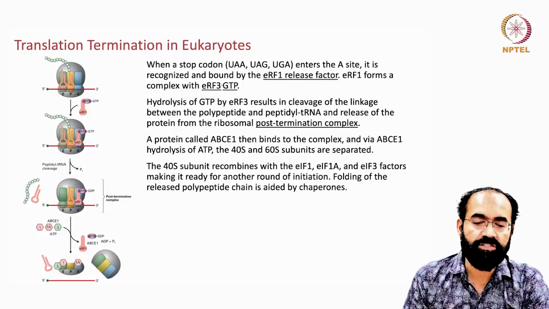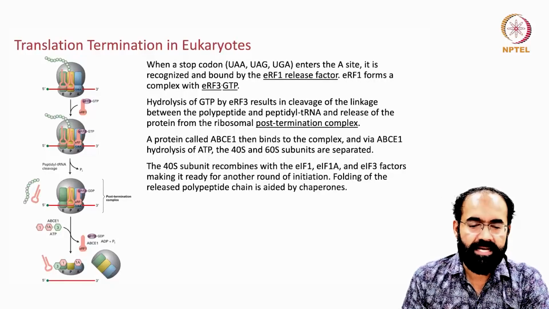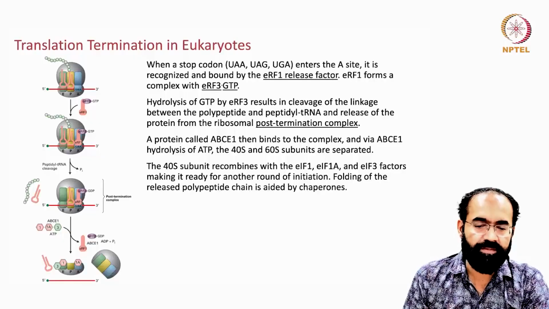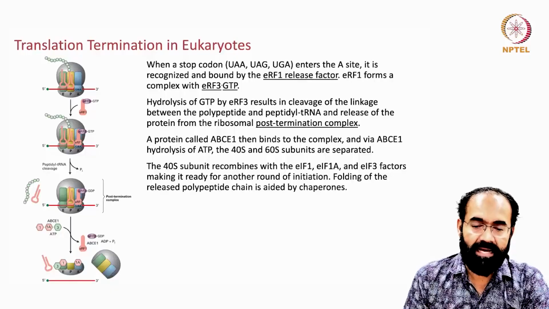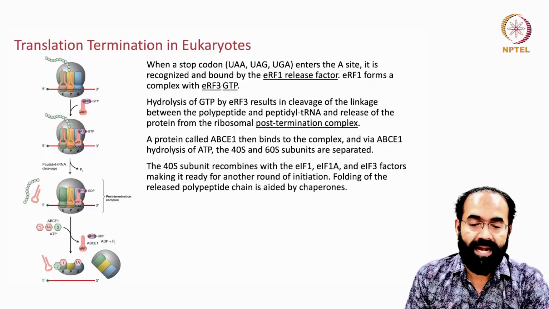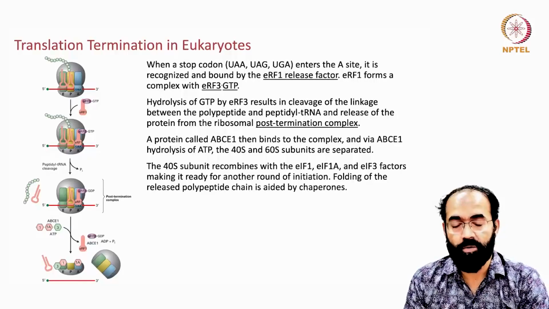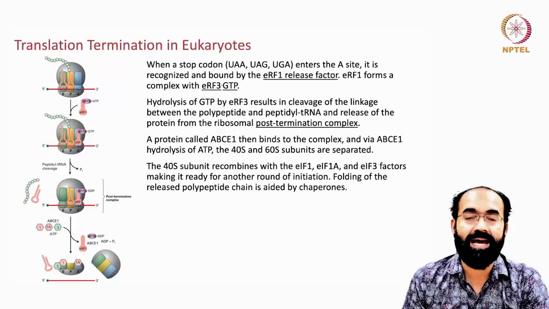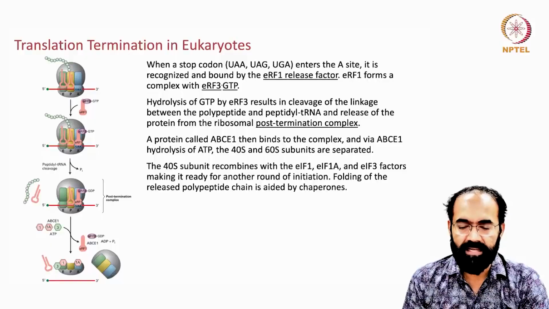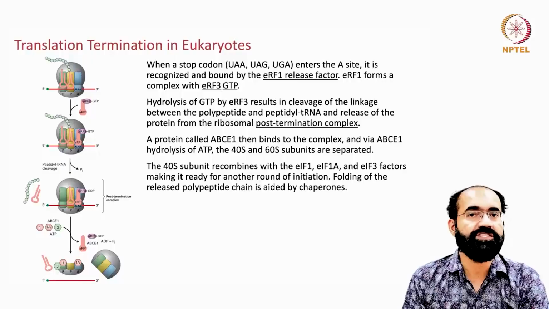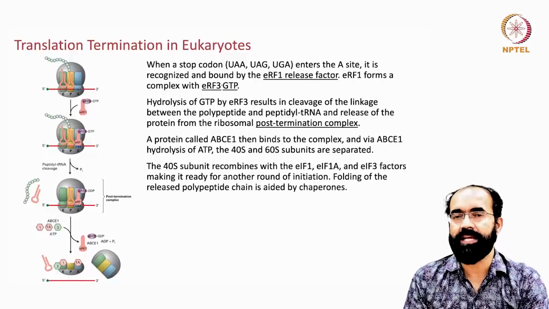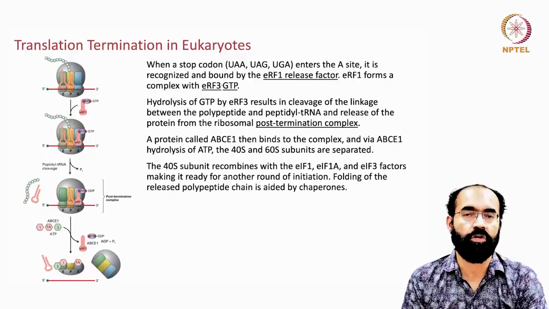So the hydrolysis of GTP by eRF3 results in cleavage of the linkage between the polypeptide and peptidyl tRNA and release of the protein from the ribosomal post-termination complex. So the presence of eRF1 and eRF3 is essential for the termination purpose, without which, like we have seen in many cases, if an mRNA does not have the stop codon, what will it do?